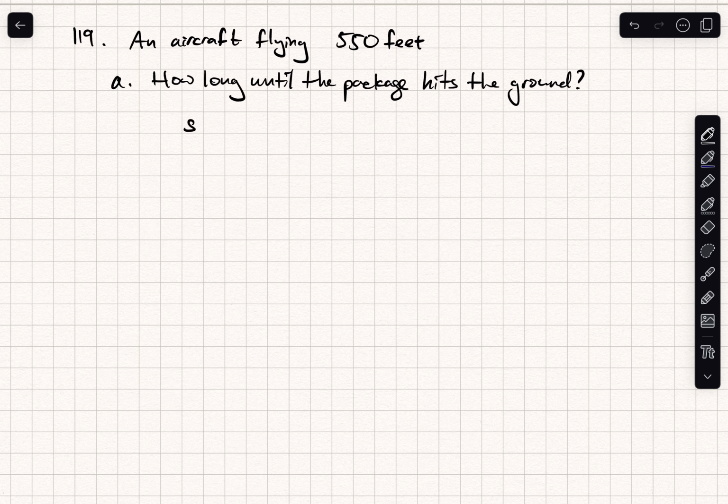So position S is minus 16t squared, t is time, plus my initial velocity times t, plus my initial position. So if I call the ground height 0, that makes my initial position 550.